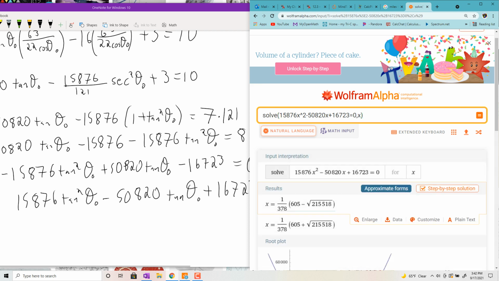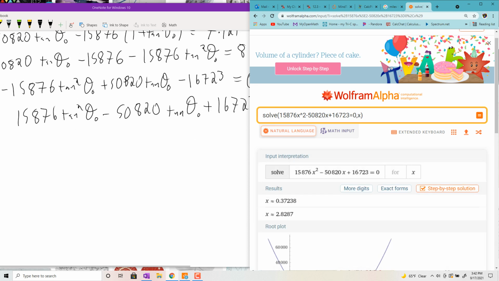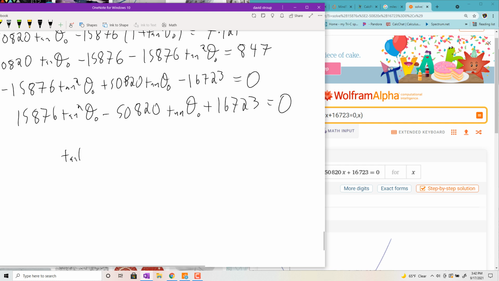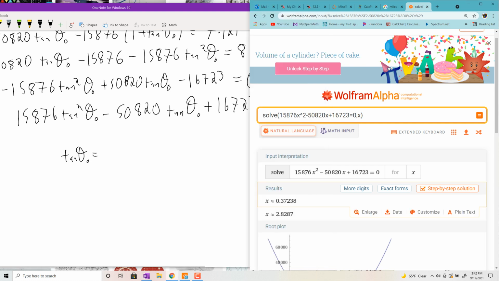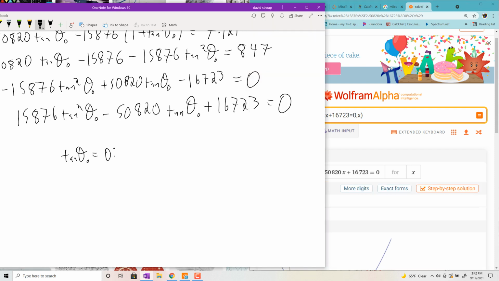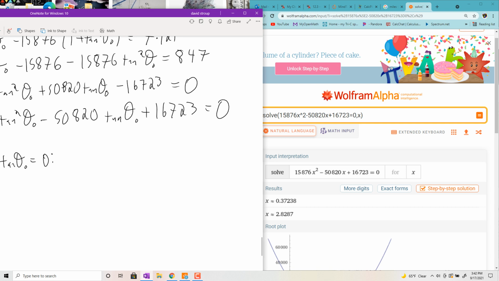And okay, it's approximate. So tan of theta sub 0 should equal 0.37238, or tan theta sub 0 will be 2.8287.